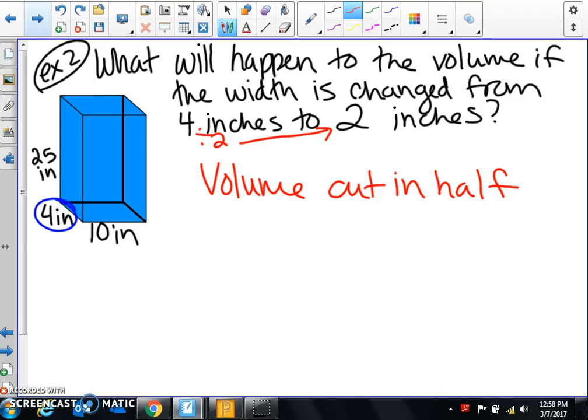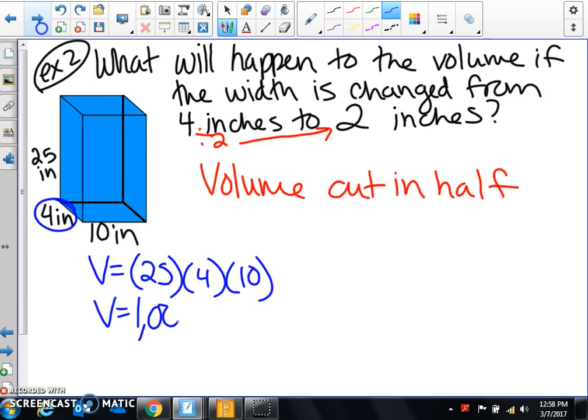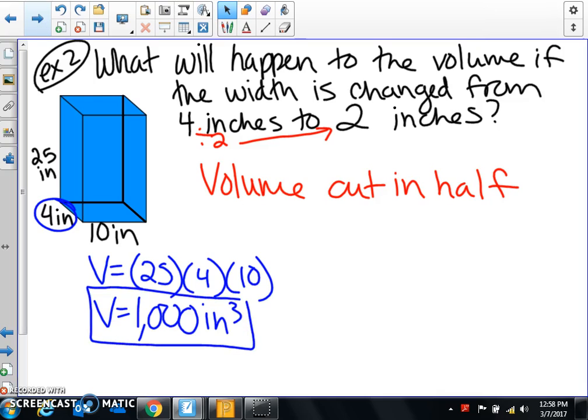So let's actually calculate it to make sure that's a true statement. The first one would be volume equals 25 times 4 times 10. If we put that in our calculator, that's 1,000 inches cubed. If we change that 4 to a 2, we would do the exact same thing.